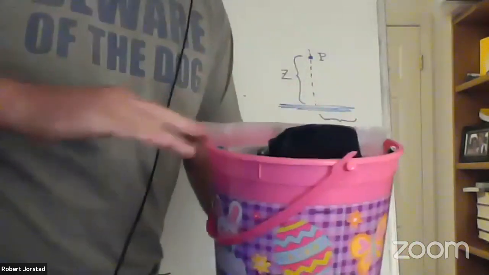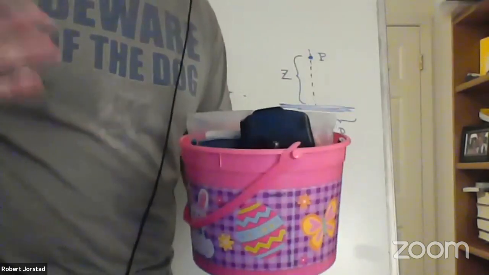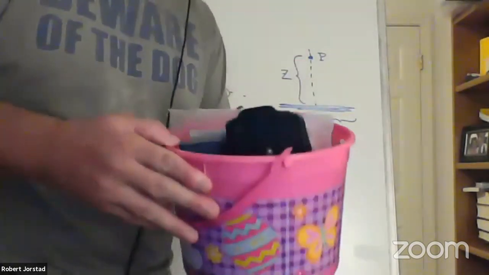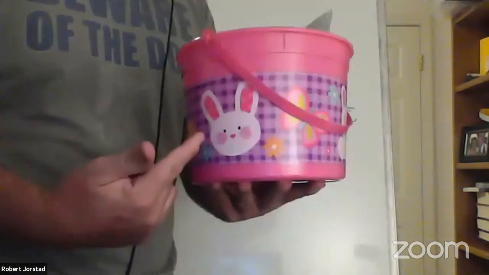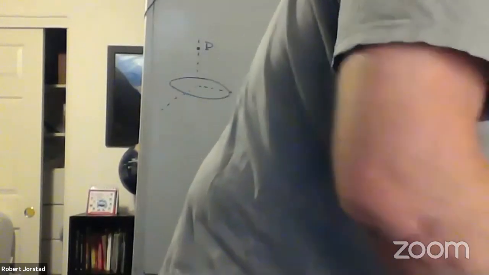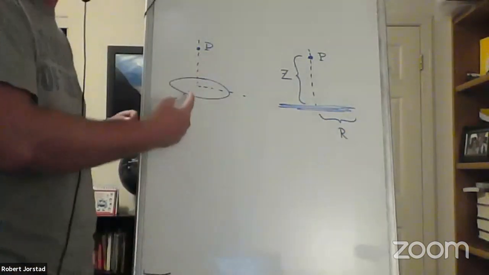If I rub that with fur, we'd have a ring of charge. So you can imagine this is very easy to make in the real world. Just get a cheesy pink Easter bucket and rub it with fur. So that's what this is supposed to represent, a circle.